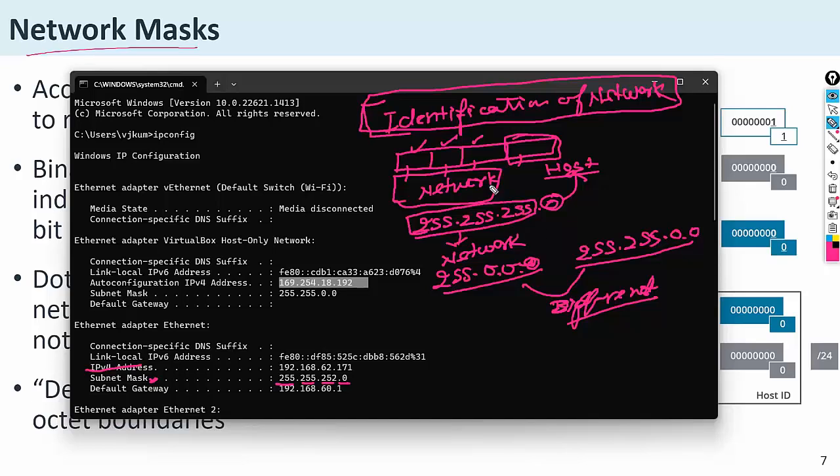Got it? It means 3 octets are considered as the network, and one will be considered as the host.